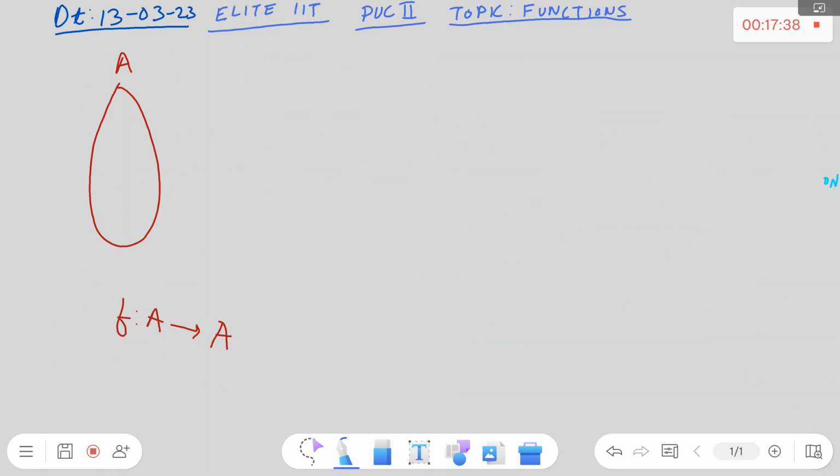Relation can be on a set itself, A cross A. Similarly, function can be from A to A only. Clear? Okay.